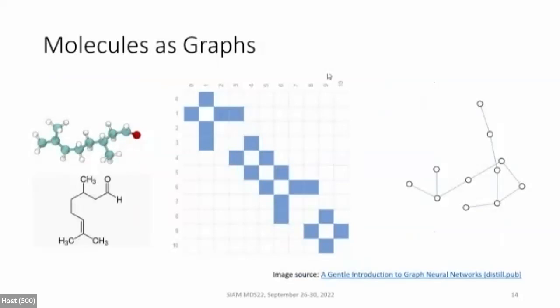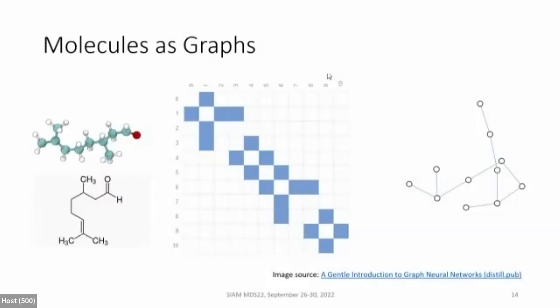Now, again, as I mentioned at the beginning, images and text are homogeneous, so they can be represented with two-dimensional structures. But moving on to more complicated structures, we can look at molecules as graphs.